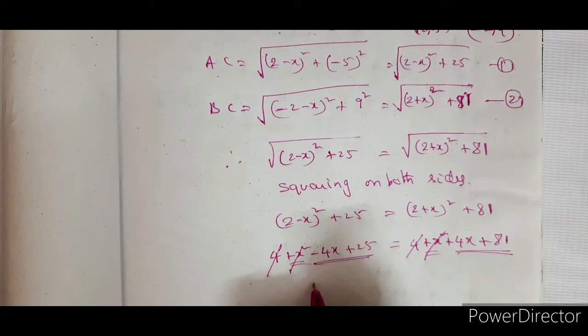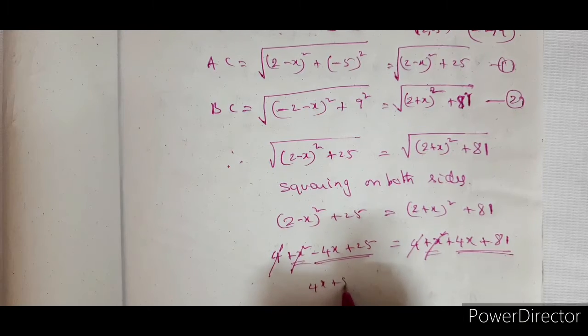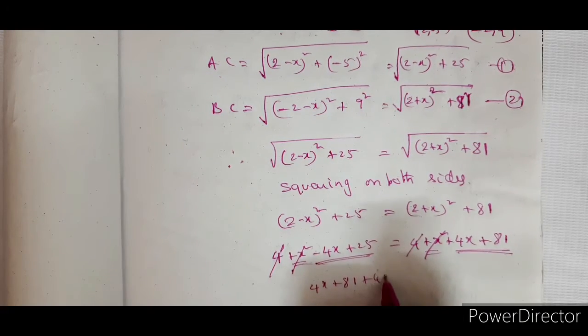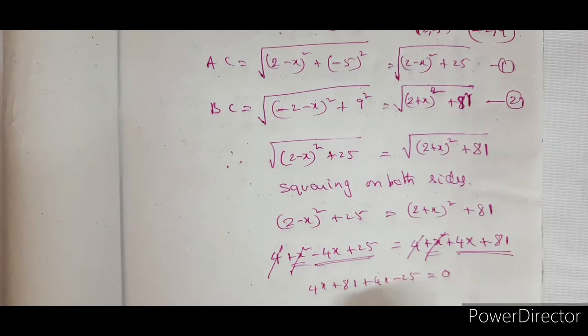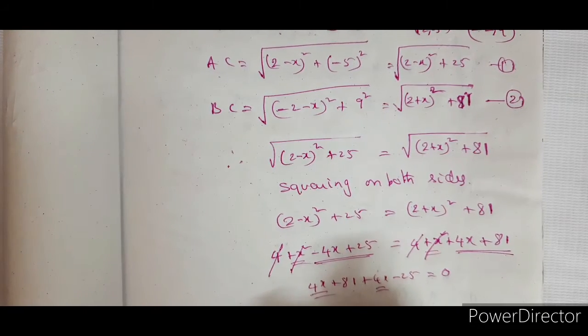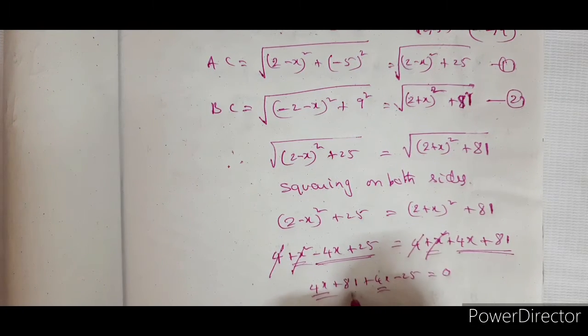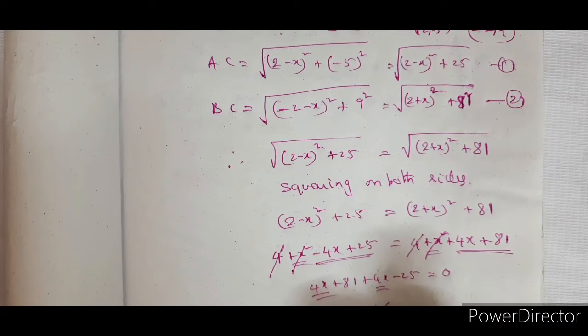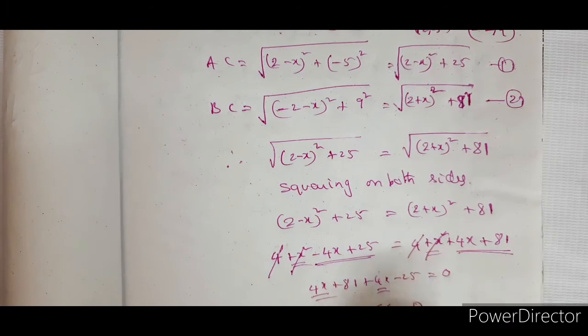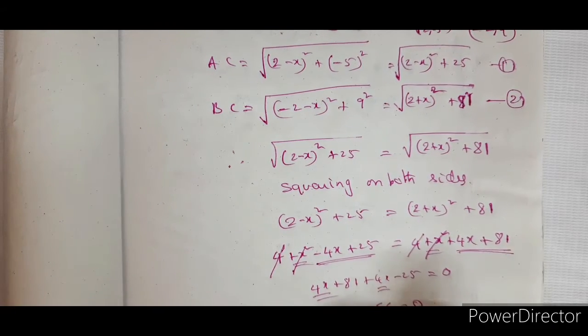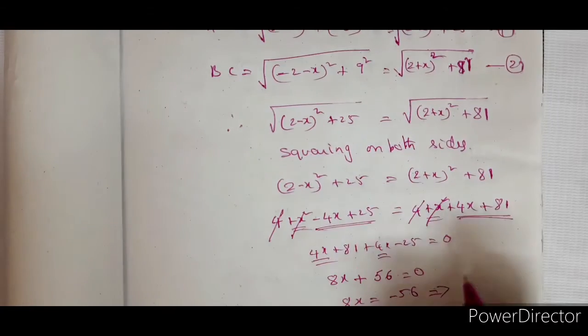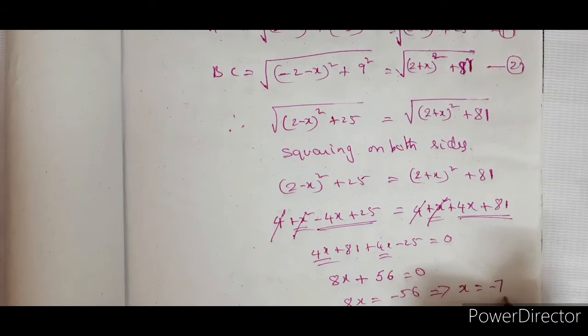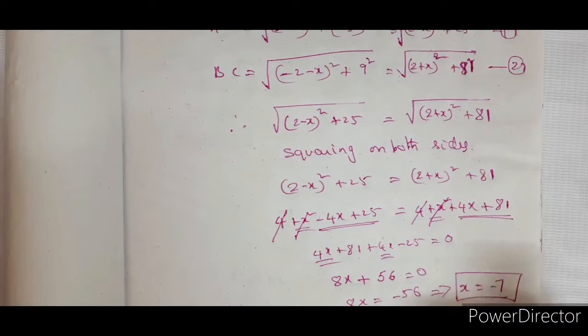Rearranging the terms, you will get 4x plus 4x minus 81 plus 25 is equal to 0. 4x plus 4x is 8x, 81 minus 25 is 56. So 8x is equal to minus 56, which implies x is equal to minus 7.